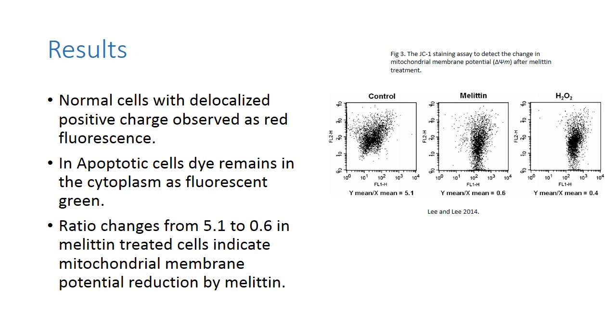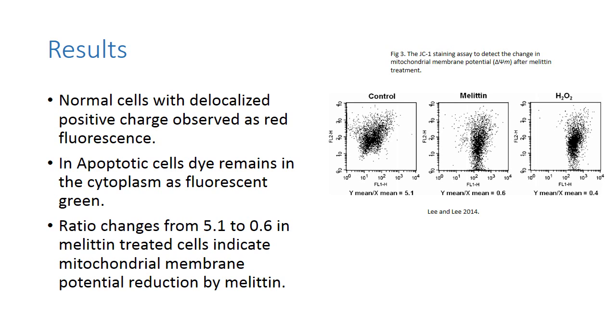And what they observed was that in normal cells, there were delocalized positive charges observed as red fluorescence. In this image, unfortunately, the red fluorescence was not included, but that is what the researchers found. In apoptotic cells, the dye remains in the cytoplasm as green fluorescence dye. Again, the dyes were not included in this research paper, and that is one fault that we found with this paper.